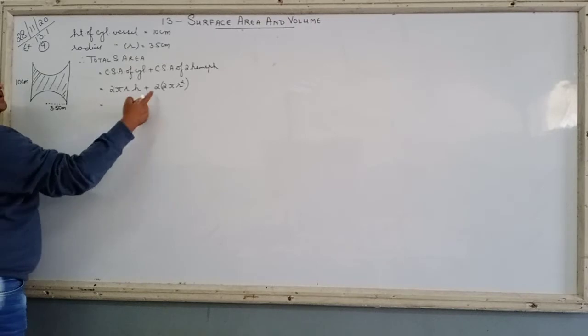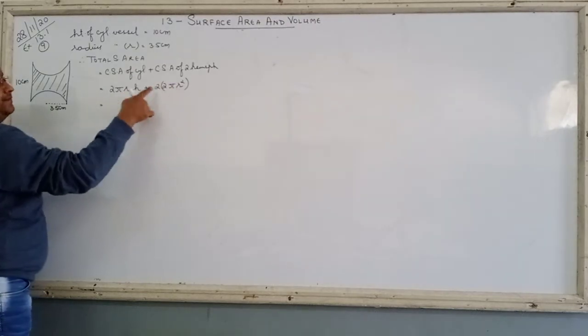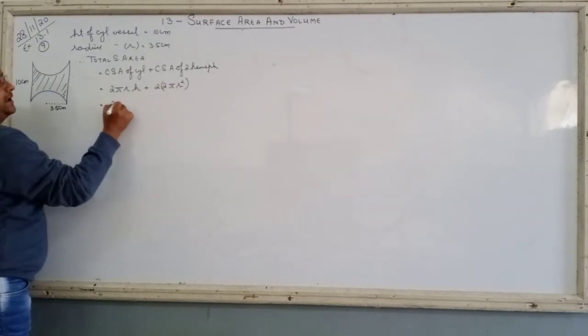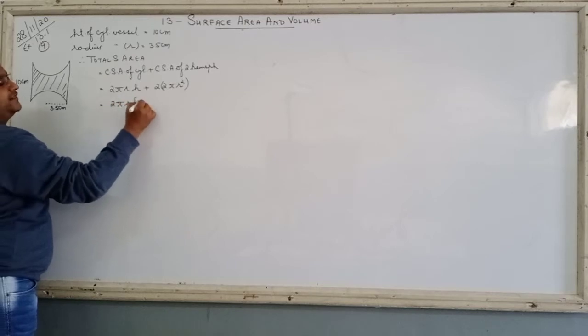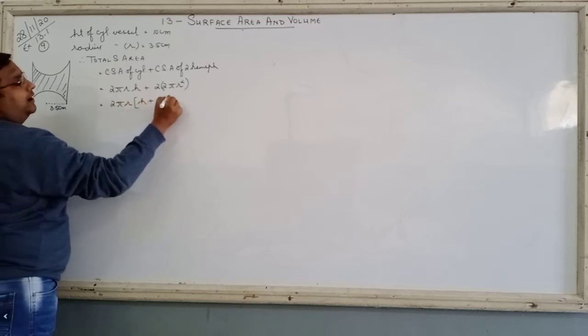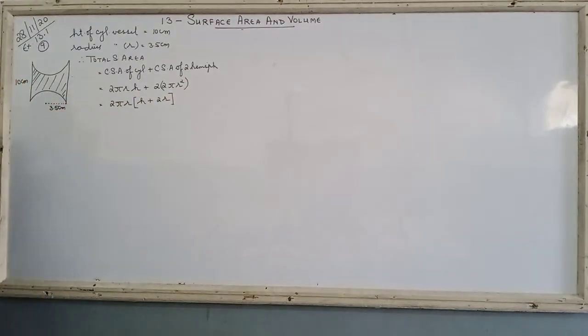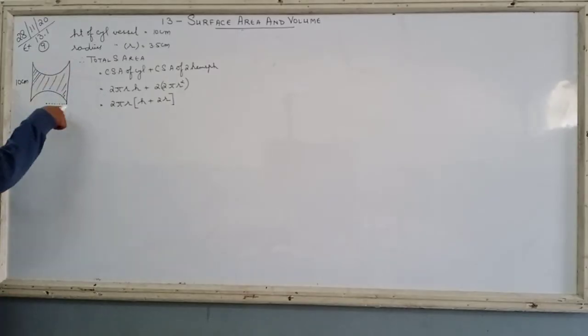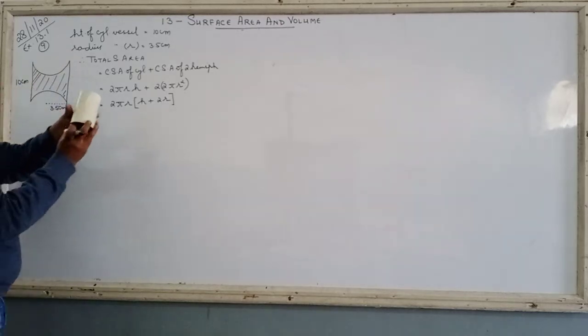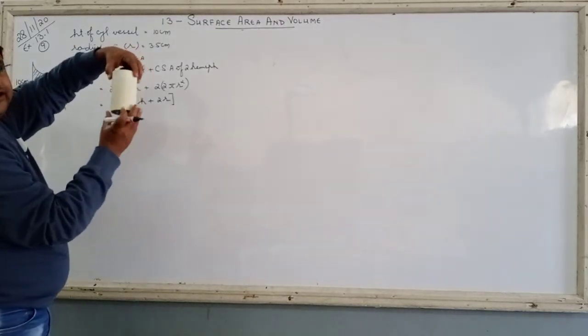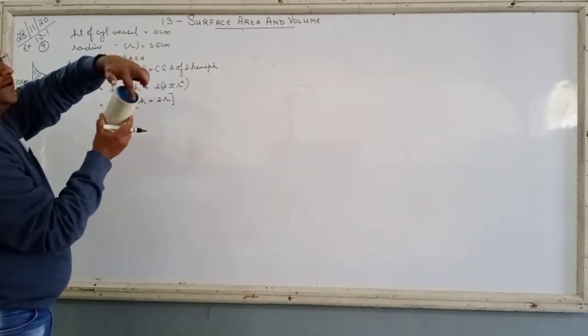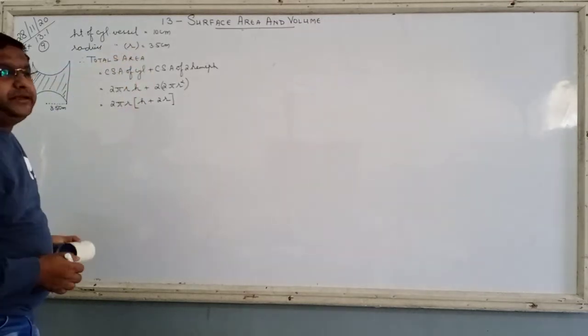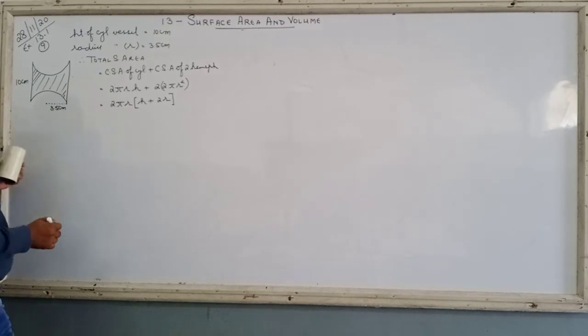Clear? What is common? You can see r and r both are same. 2 pi r is common. We are left with h plus 2r. Any doubts? Simple calculation. When two hemispherical depressions have been taken away, how many surfaces are visible? The curved surface area of the cylinder, the curved surface area of the hemispheres. And how many hemispheres? Two hemispheres.